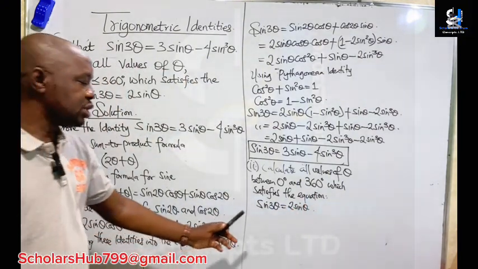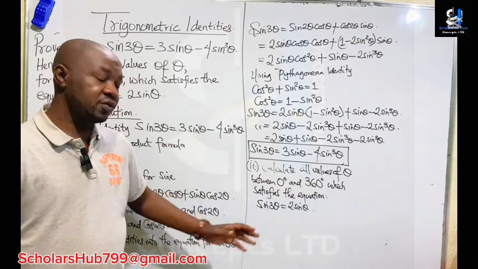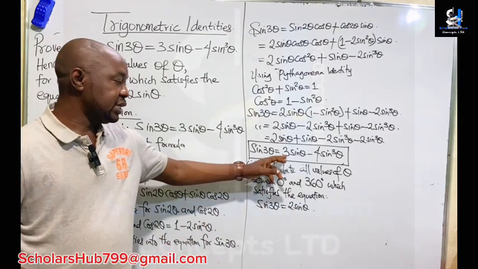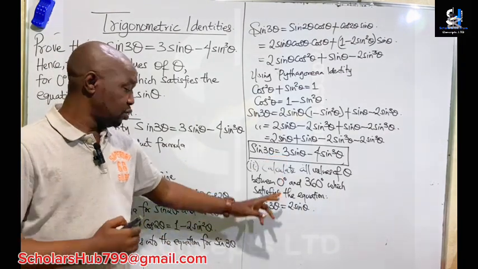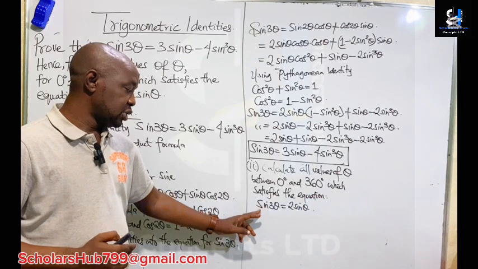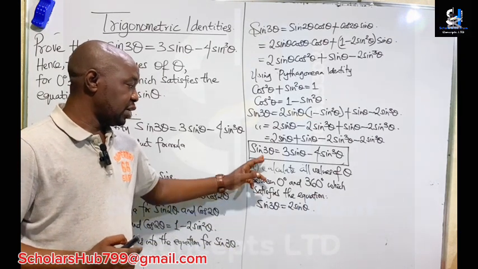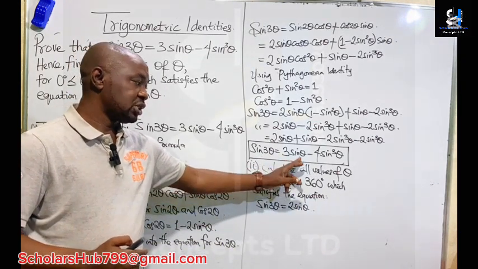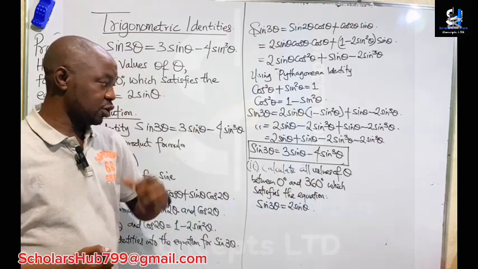What we need to do in this case is, first, substitute the identity we proved for sine 3 theta. Sine 3 theta is equal to 3 sine theta minus 4 sine cube theta.